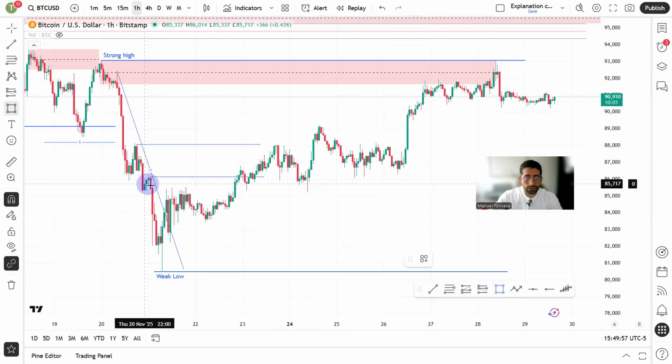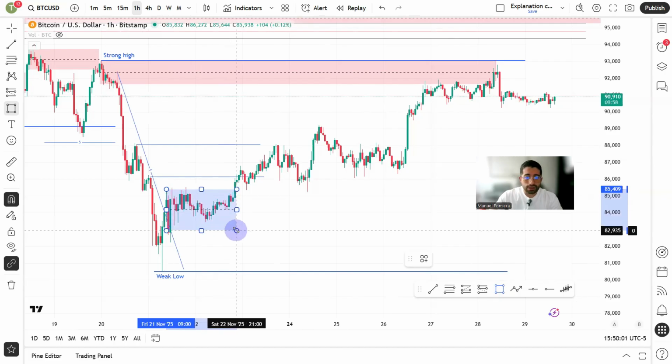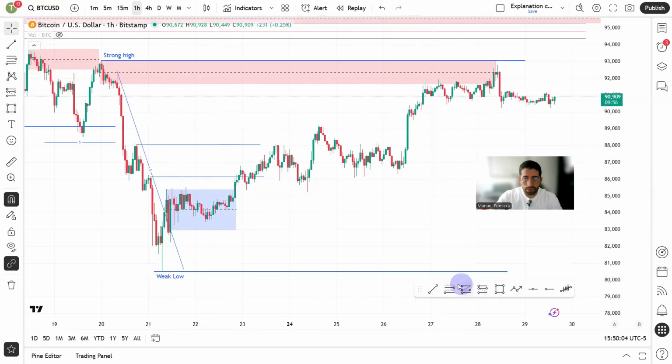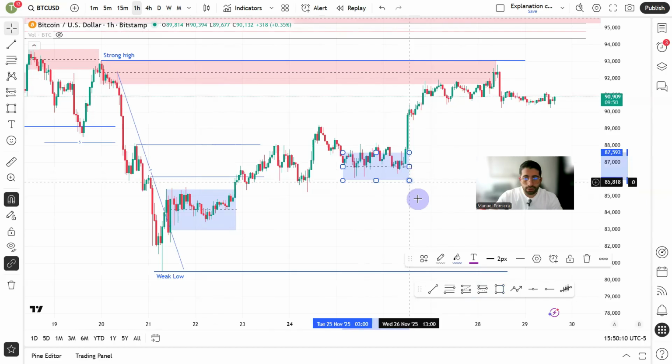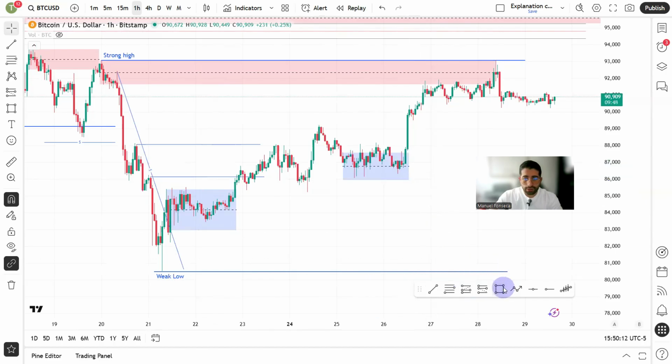And they are also known as consolidation. So this is a consolidation. Here is another consolidation. And here is another consolidation right here.